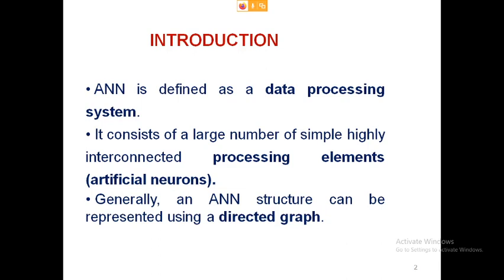In this process, the ANN consists of processing elements. As it is an artificial neural network, those processing elements are called artificial neurons: input neurons, output neurons, hidden neurons.